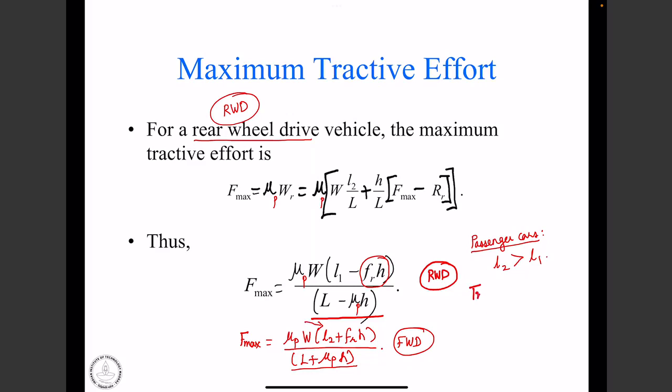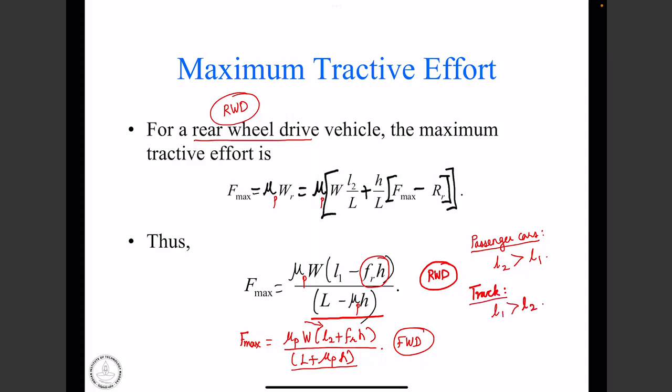On the other hand, let's say we consider a truck. In a loaded truck, most of the load is going to be on the rear wheels. So consequently, L1 is going to be greater than L2. The CG is going to shift towards the rear. And the value of h will also be significantly high, because the height of the center of gravity will be higher in a truck.